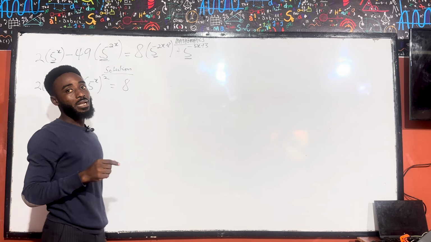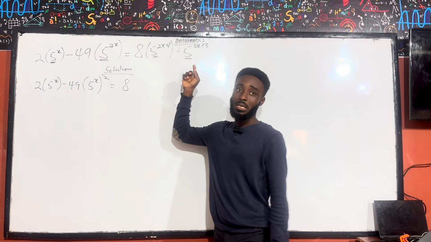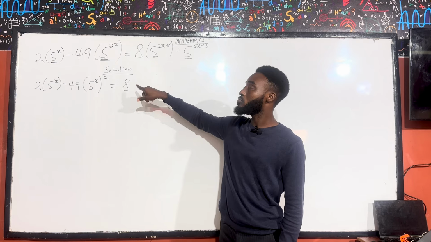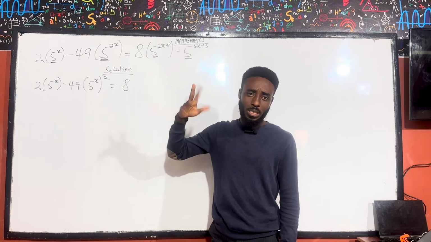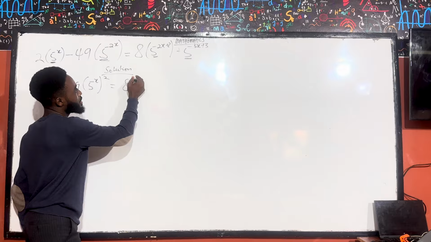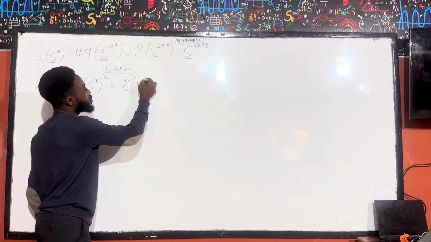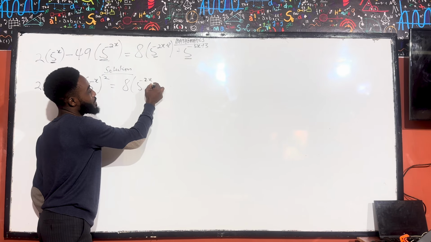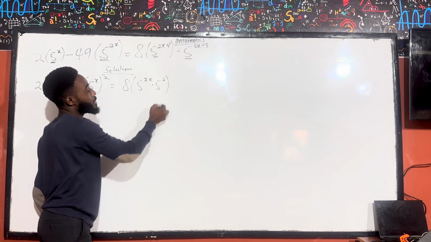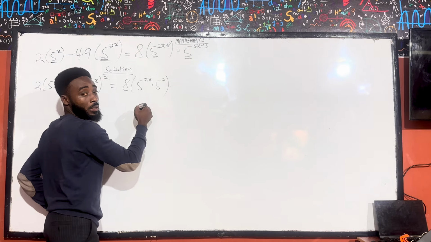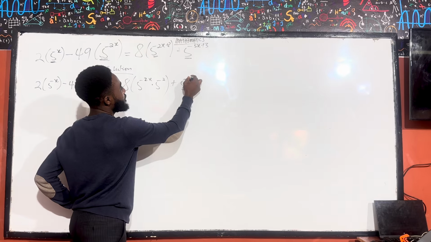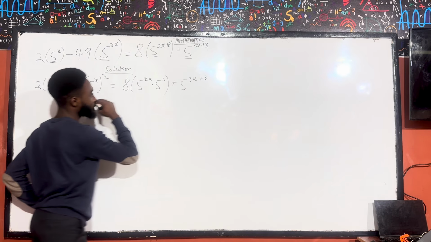So it simply means that when I see two exponents adding, I can also reverse them to be a multiplication. So this is 8, 5^(2x) times 5 squared plus 5^(3x+3).